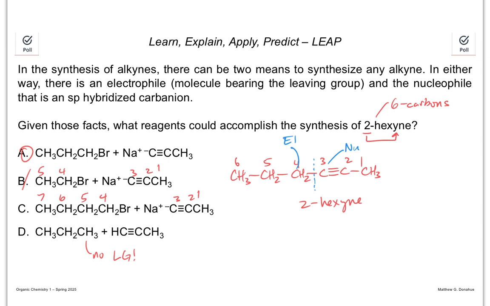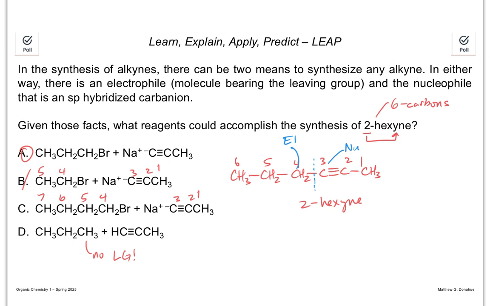In the other way to design this, we're going to break that bond. That's still going to be the nucleophilic carbon here. That's going to be the electrophile, so 1 carbon, and then we stick a leaving group on there.